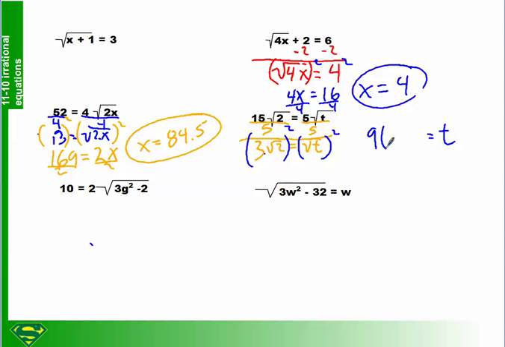Root 2 times root 2 is 2. So 9 times 2 is 18. So t is equal to 18. So we did 3 times 3 is 9, and root 2 times root 2 is 2.